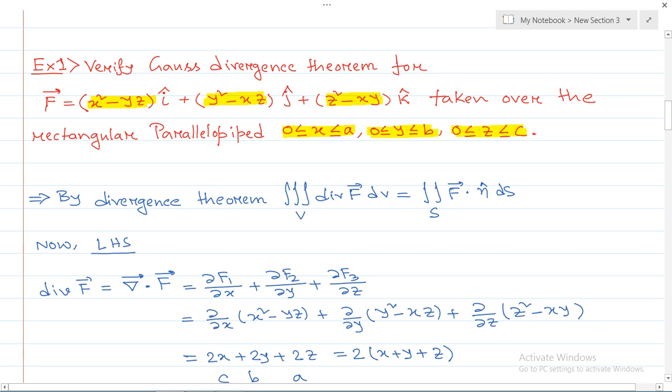Okay, so here we have a parallelepiped structure whose length varies from 0 to a, breadth from 0 to b, and height from 0 to c.